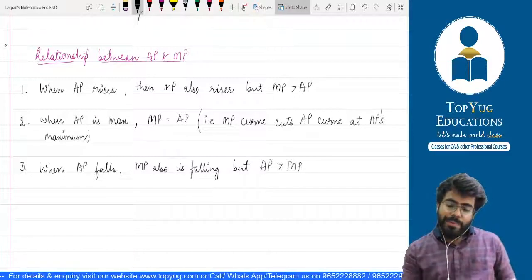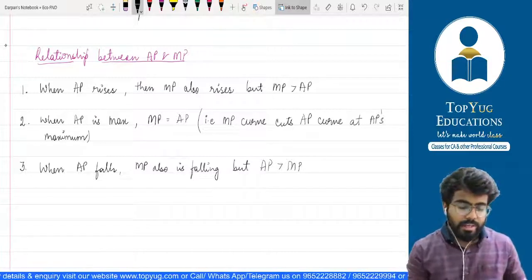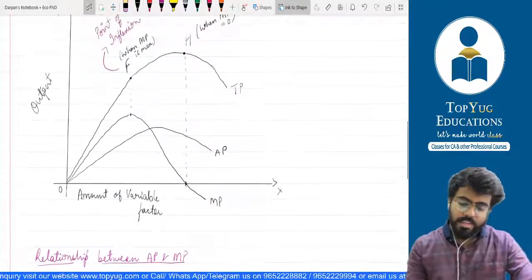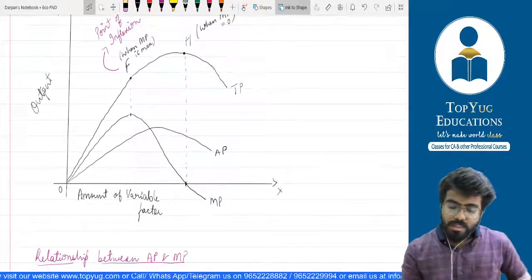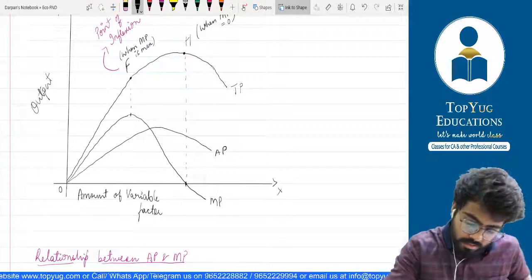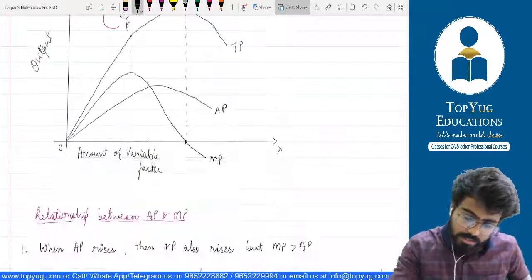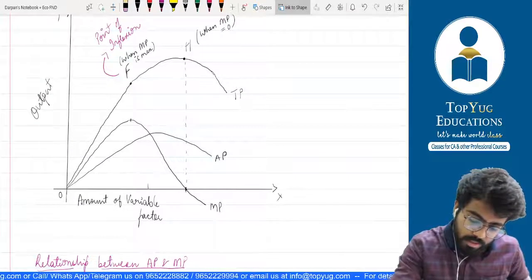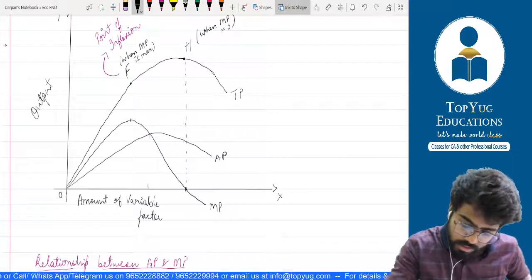Okay? Now write down. Now this graph that you have can be divided into 3 stages. So if I remove this and if I join this.